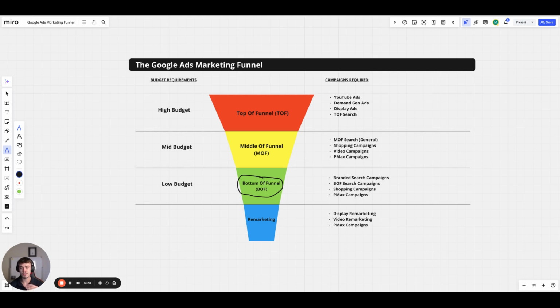Now, this distinction between search and shopping is that search is a typical text ad. So you'll be showing up in the search results of Google with a few headlines, followed by a couple of descriptions, and maybe an image on the side here. Now, when you have a shopping campaign, that's instead a big image showing with a price here, reviews perhaps here, and then a couple of little details below.